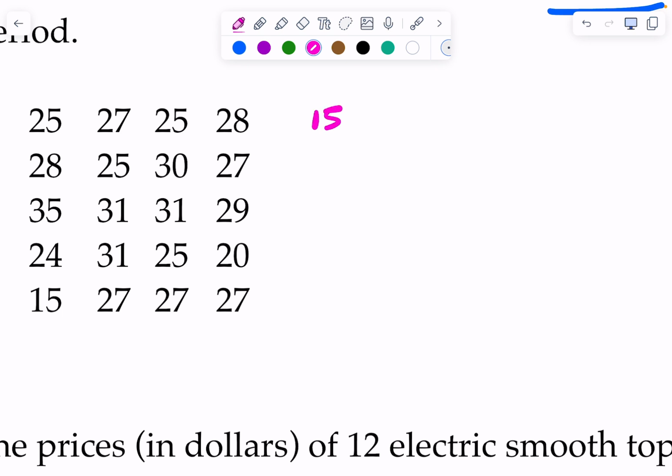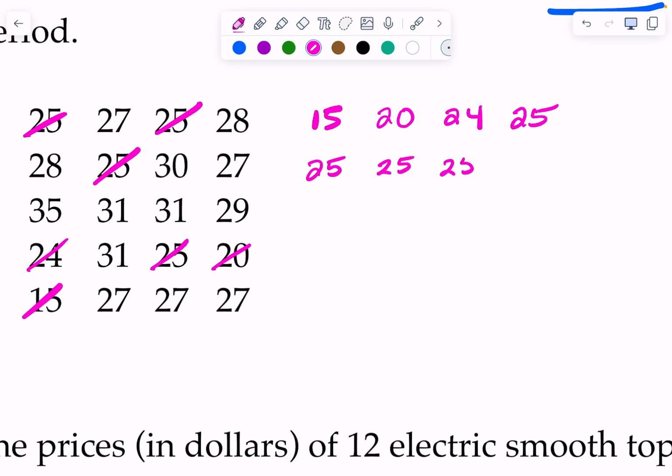Okay, 15 next. I see a 24. I see a 20 and a 24. So 20, 24, 25. There's a couple 25s. There's 1, 2, 3, 4 25s. And I got 1, 2, 3, 4, 5 27s.